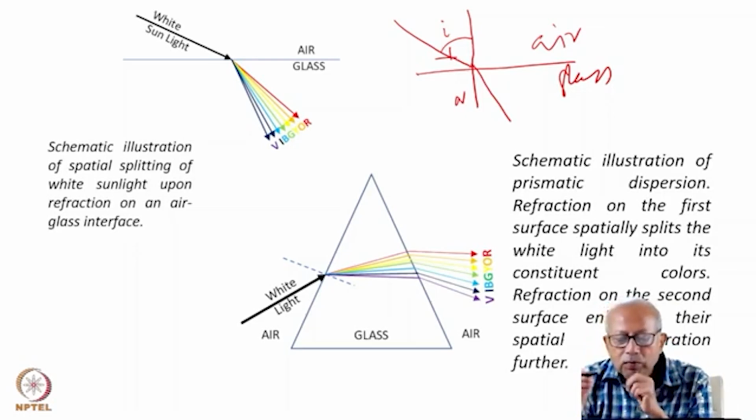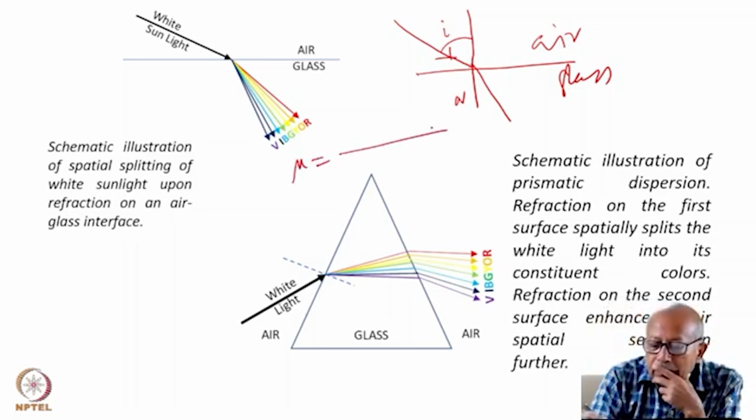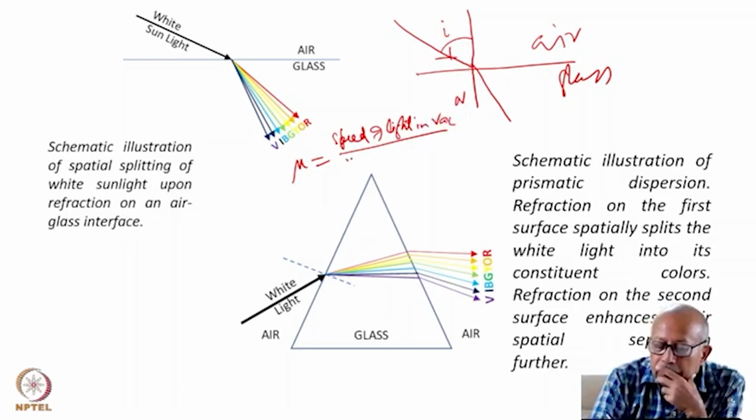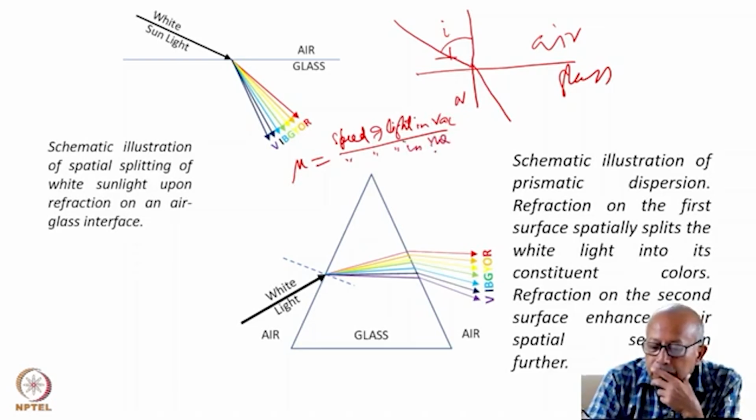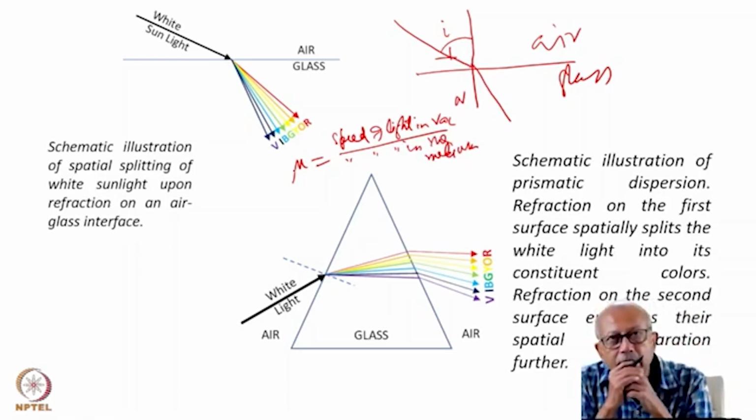The answer is no. You see, refractive index of a medium is defined as the ratio of the speed of light in air divided by the speed of light in that medium.